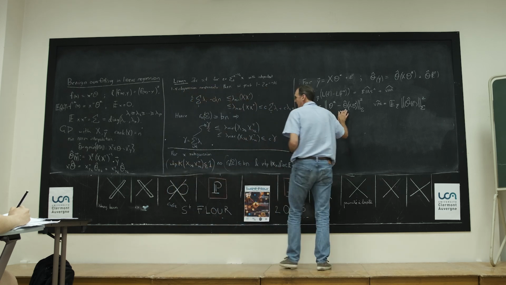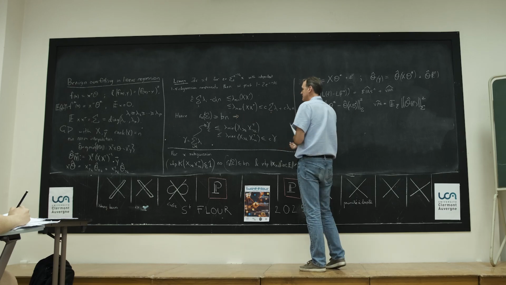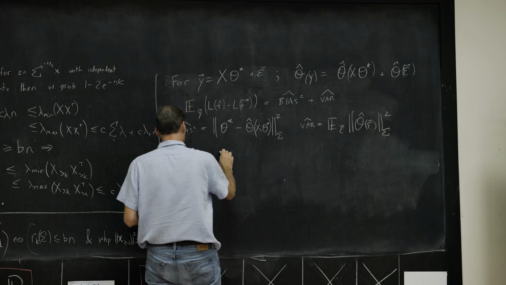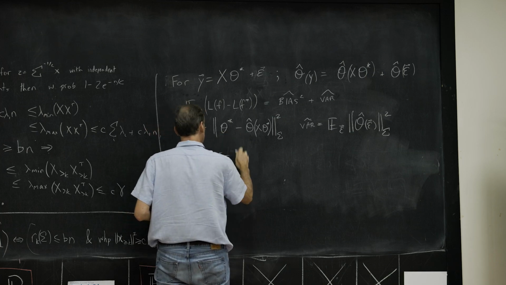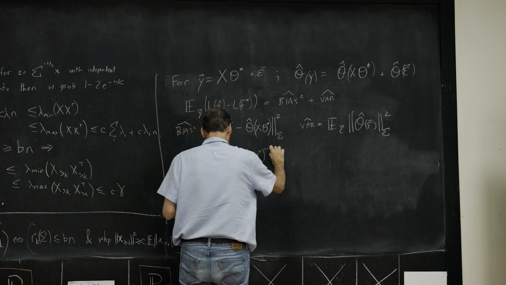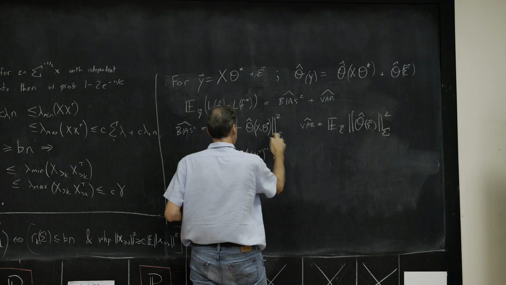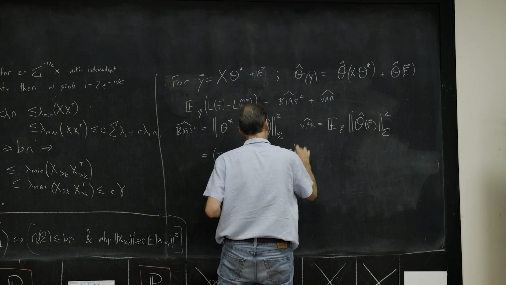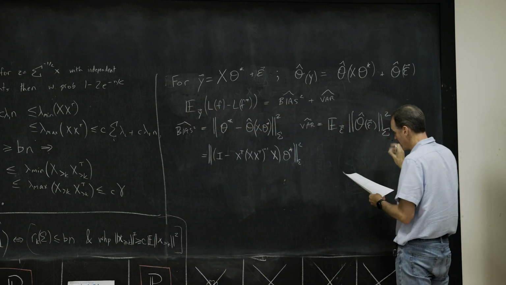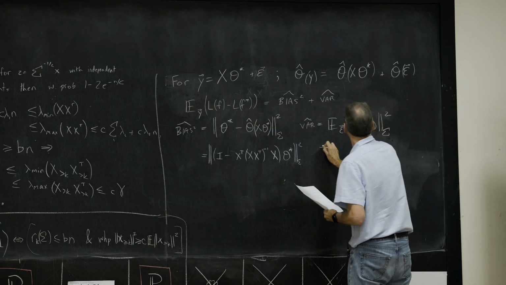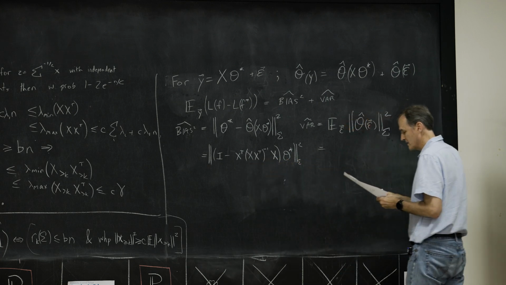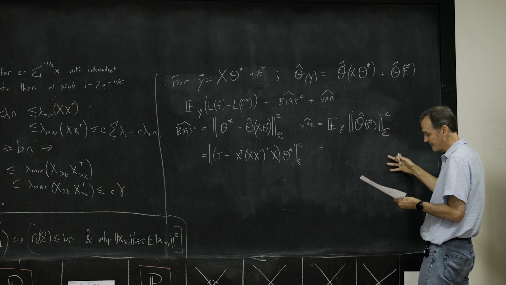Now, theta hat has this specific form, X transpose (X X transpose) to the minus 1 times this thing. So we can just write that out as (I minus that projection) times theta star in the Sigma norm for the bias. For the variance, theta hat here is the same thing, X transpose (X X transpose) to the minus 1 times epsilon.